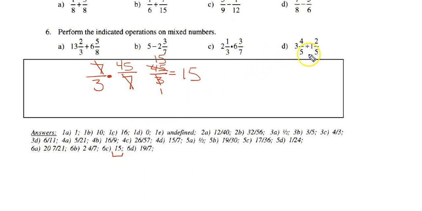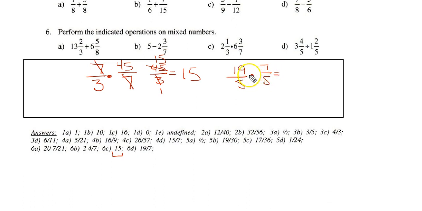Now, for this one, it takes a little bit of study. This is division. So first, we have to convert this to an improper fraction. 5 times 3 is 15, so this is 19 fifths. 5 times 1 is 5. This is 7 fifths.